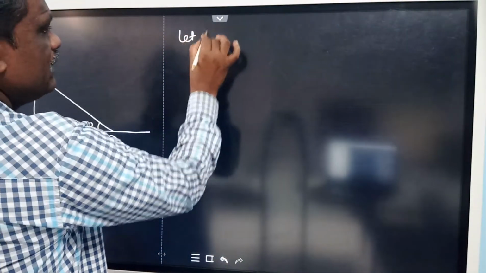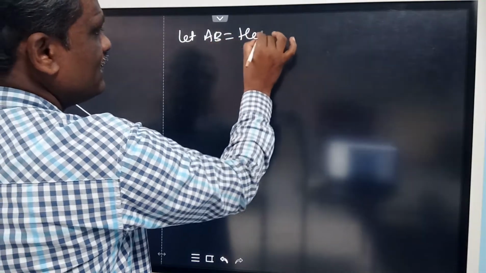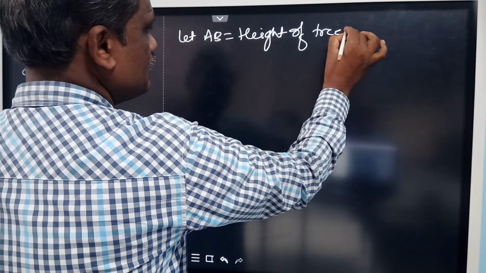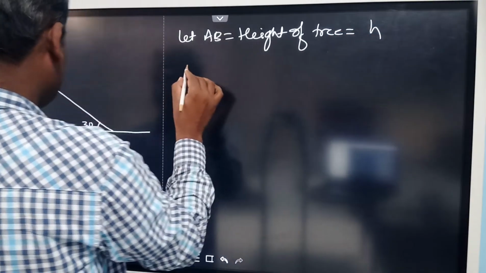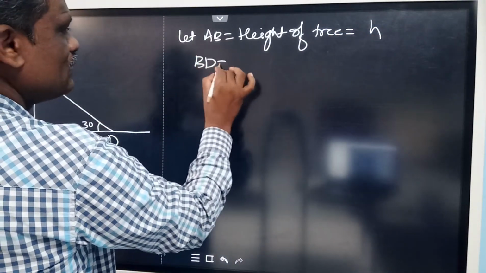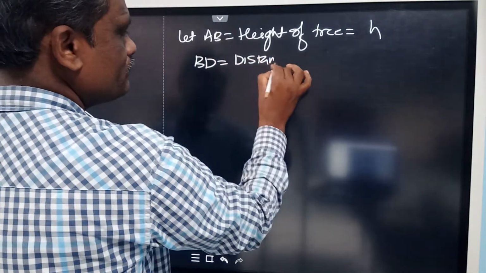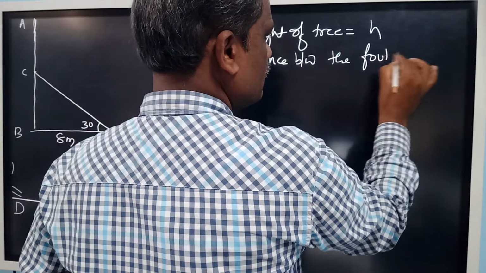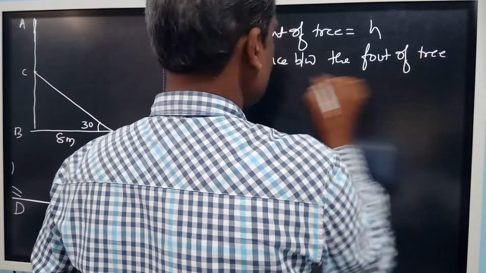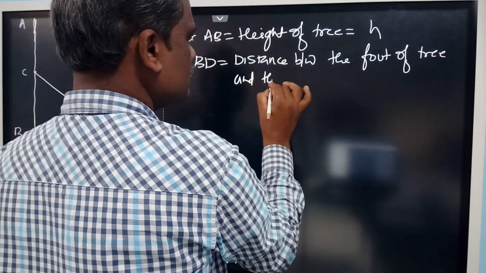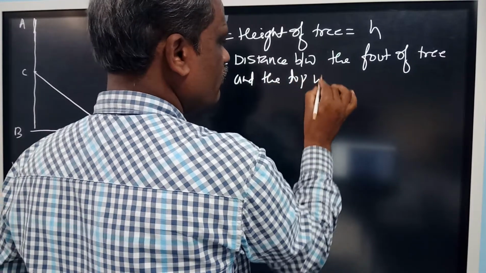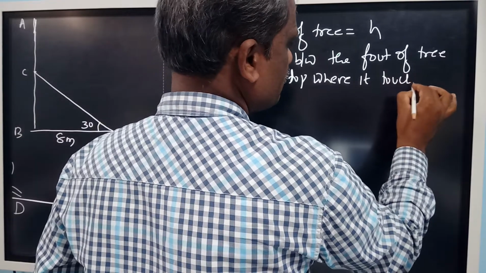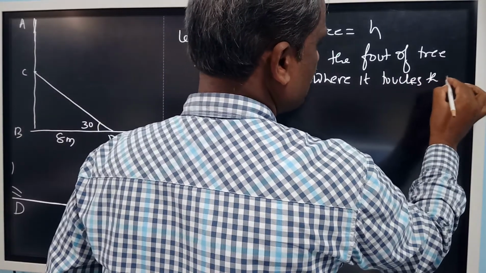Let AB be equal to the height of the tree. So that is H units. And BD is equal to the distance between the foot of the tree and the top where it touches the ground.